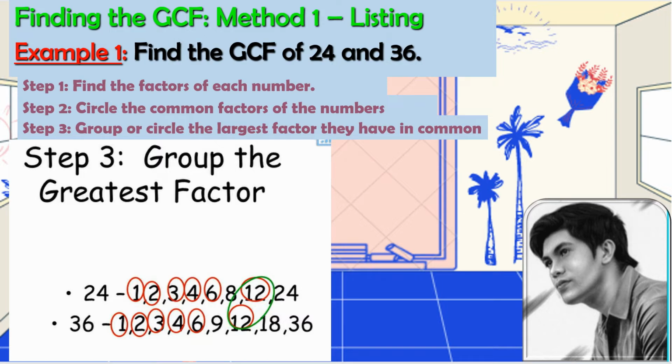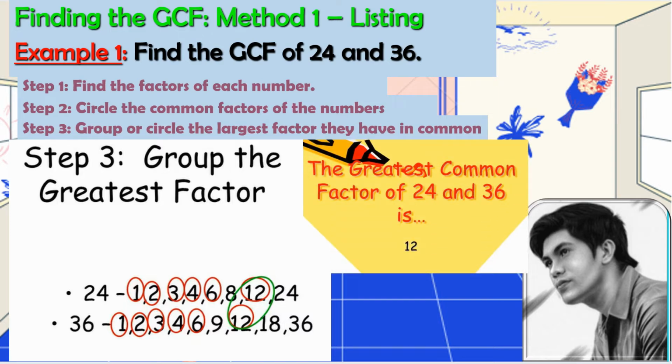Among those common factors, meron po tayong greatest, pinakamataas, at ang tawag po dun ay GCF, greatest common factor. Therefore, the GCF of 24 and 36 is 12.